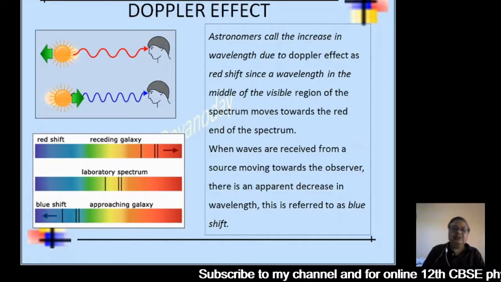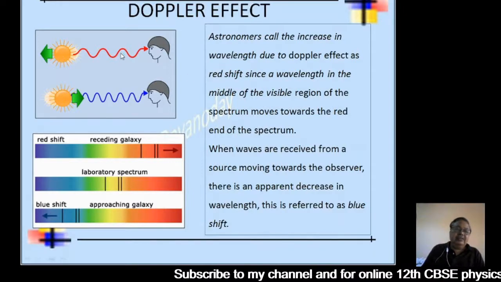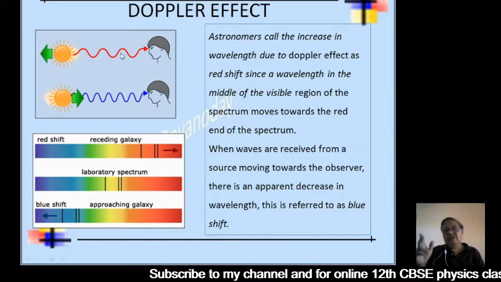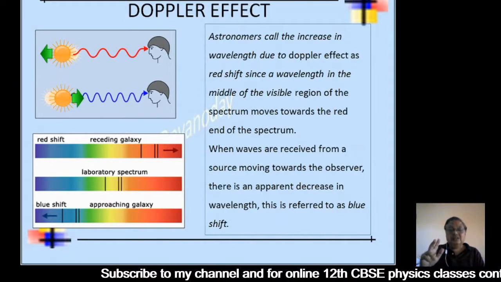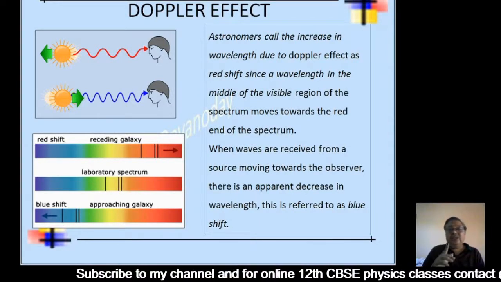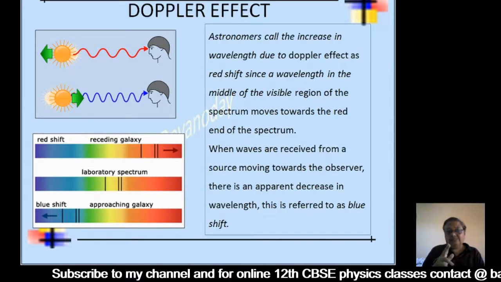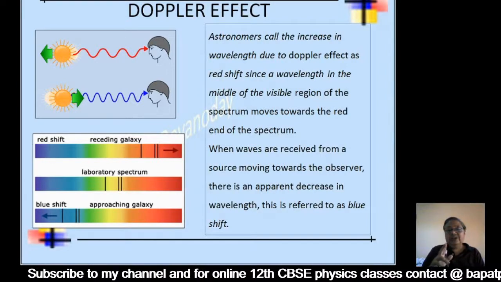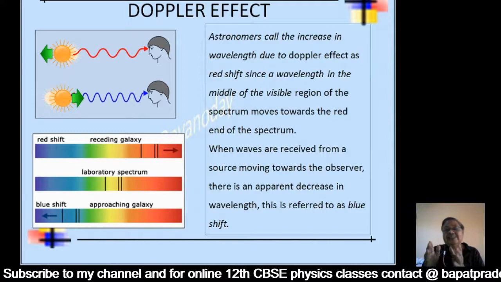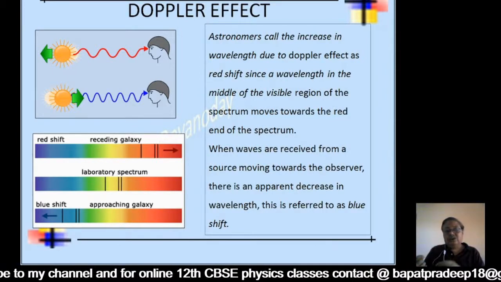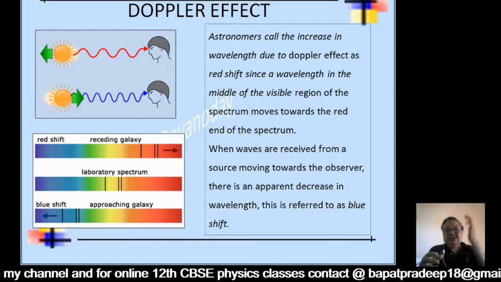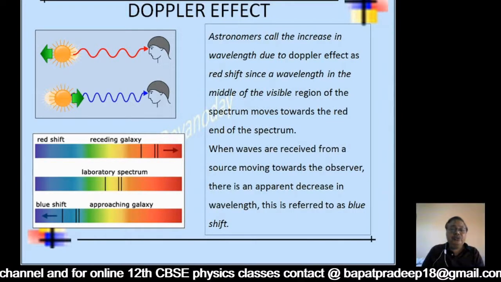So if I take the spectrum of the light, the red wave has more wavelength and the blue light relatively has the shortest wavelength. So if any object is moving away, it will give a red shift pattern because the wavelength increases. And if any object is moving towards you, the wavelength will decrease and it will give a blue shift.